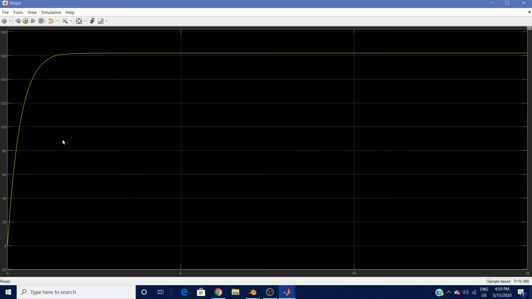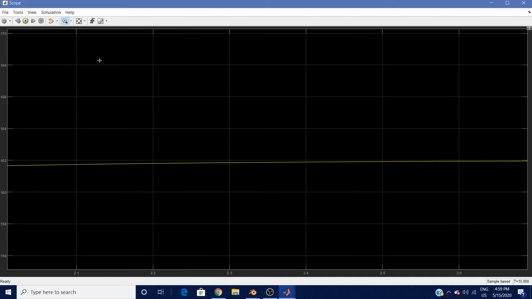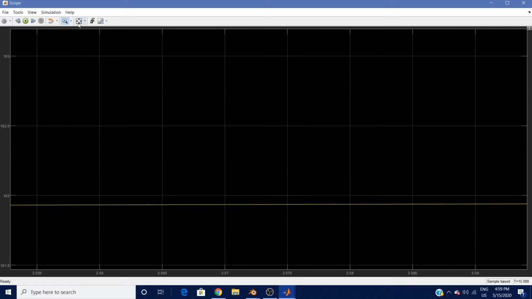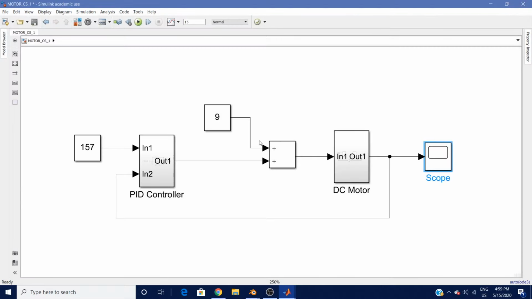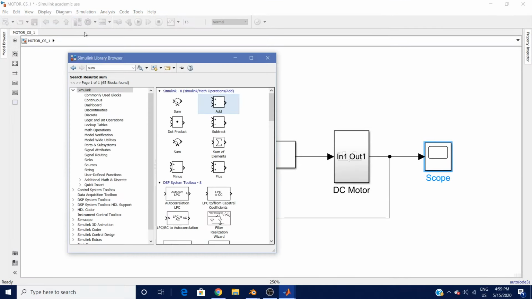Okay, so right now we have 160 coming out. We still have that 163 that's coming out. We don't have the desired value, but you can see that the oscillations have been cut out on adding the D term. Why is that? Maybe because we should be having this as a product. Let's just try that out.